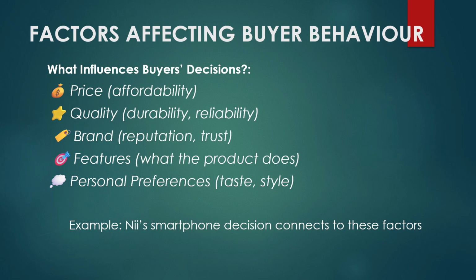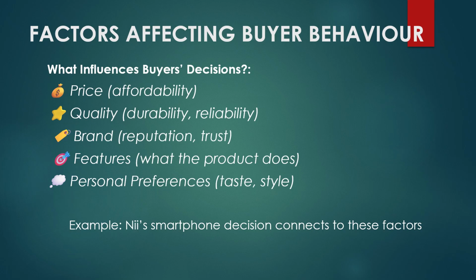Features is also one of the things that influence buyers' decision making in the market. The fifth, last but not the least, personal preferences. Buyers have different tastes and styles. Some people prefer Android phones, others prefer iPhones. Some people like bright colors, others prefer neutral tones.